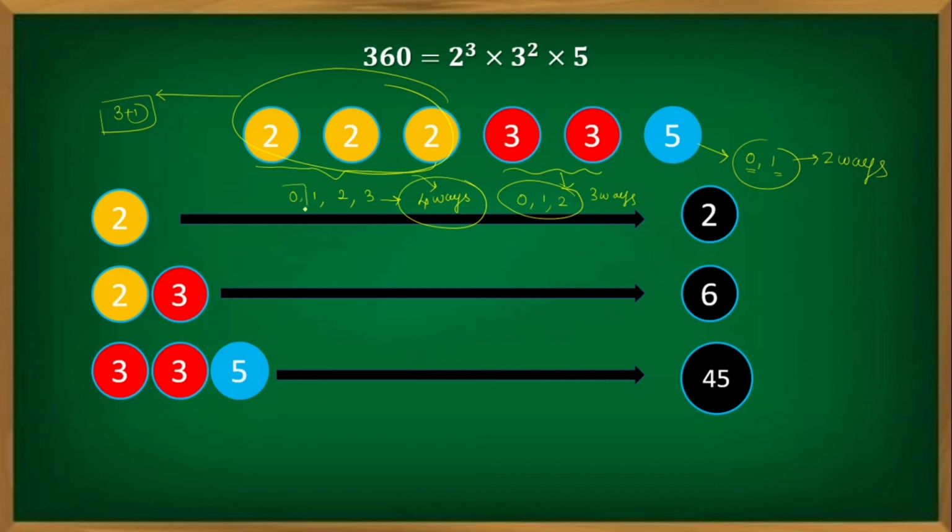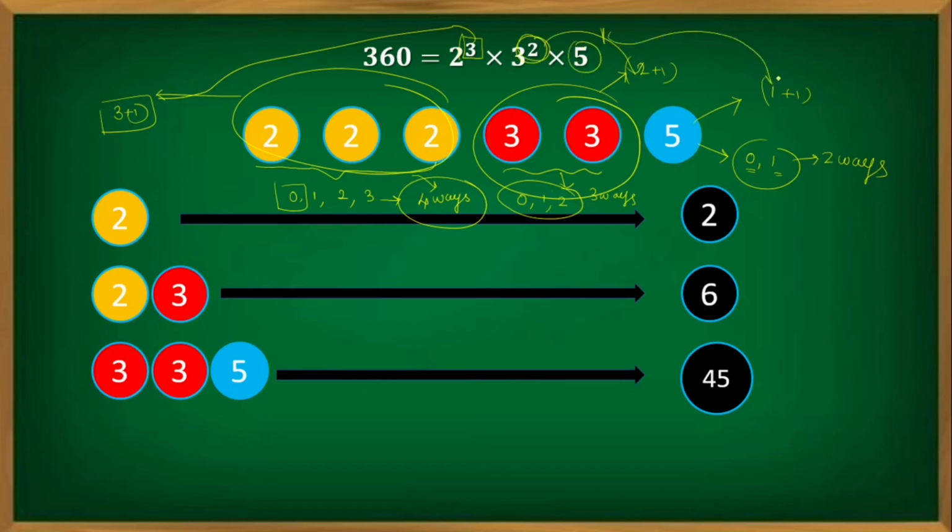Because zero balls is also included in the selection. Here we have 2 red balls, so 2 plus 1 ways, and here 1 blue ball, that is 1 plus 1. How many 2's are there? 3, so 3 plus 1. How many 3's are there? 2, so 2 plus 1. How many 5's are there? 1, so 1 plus 1. So it is the power of each prime plus 1. The power of 2 is 3.